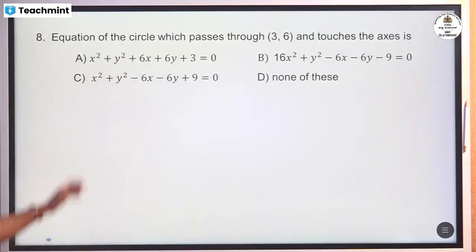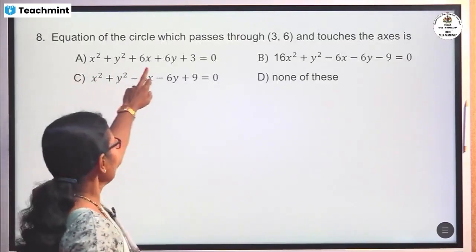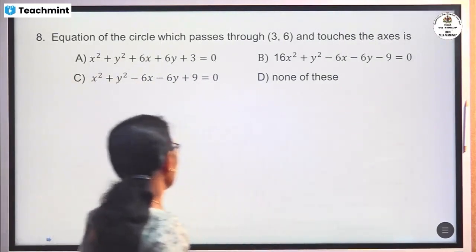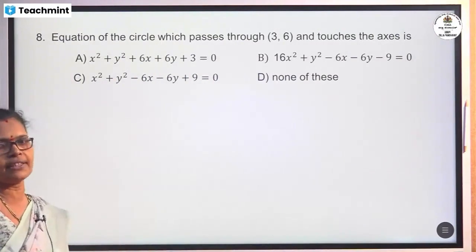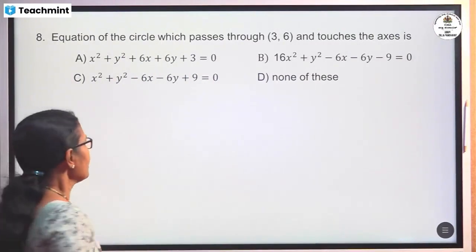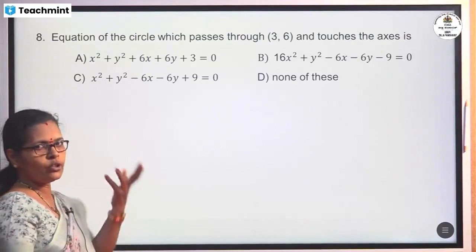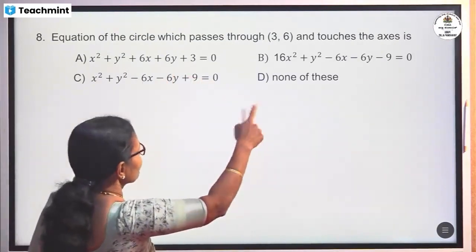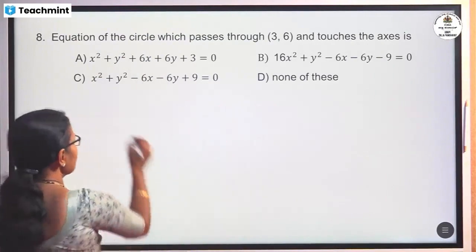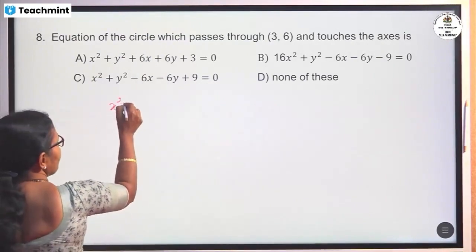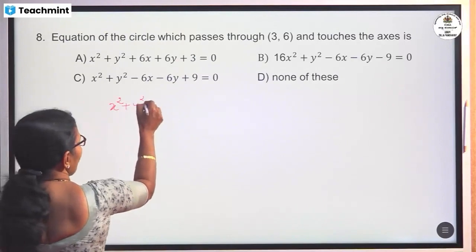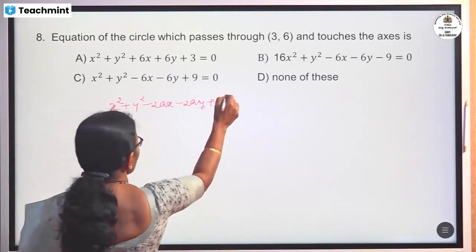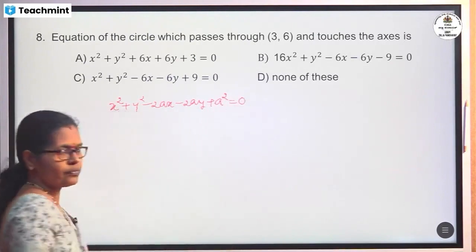Next question. Equation of the circle which passes through 3, 6 and touches both the axes, x and y. So, we know that if the circle touches both the axes, then the equation of the circle is x square plus y square minus 2ax minus 2ay plus a square equal to 0.